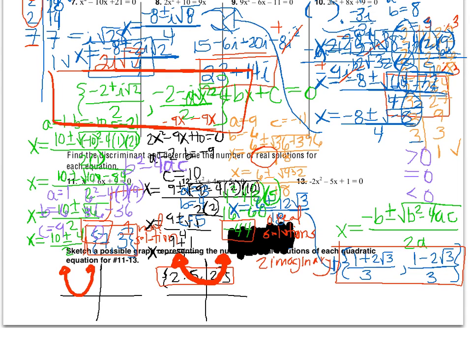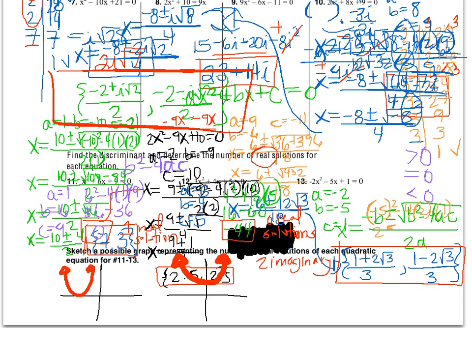Our last problem. Looking at number 13. This also is in standard form. It's equal to 0. So your A is equal to negative 2. Your B is equal to negative 5. And your C is equal to 1. So using B squared minus 4AC, I get negative 5 squared minus 4 times negative 2 times 1.